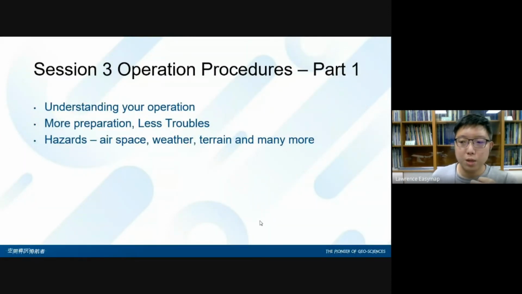Okay, so we have run through some applications of the UAV, and now I will go through some operation procedures. When we receive a mission requirement, someone tells you, okay, I want to do some mission.